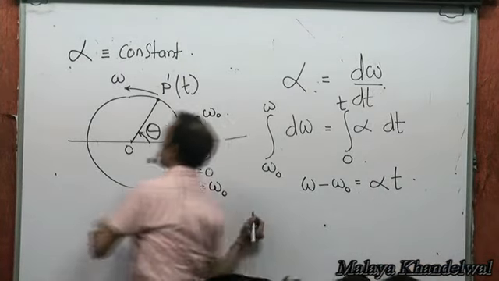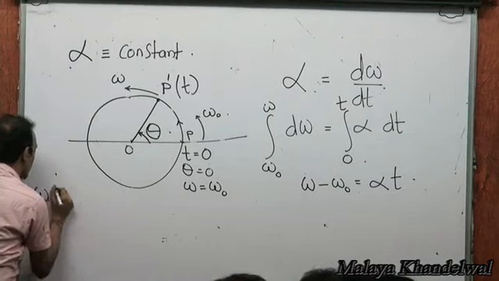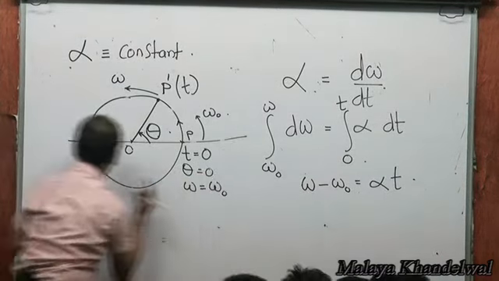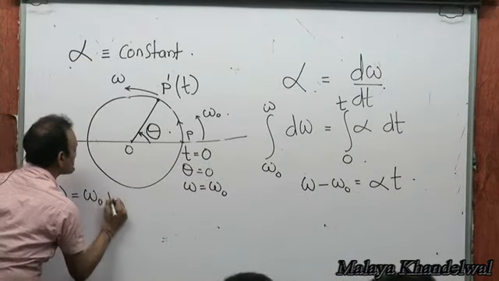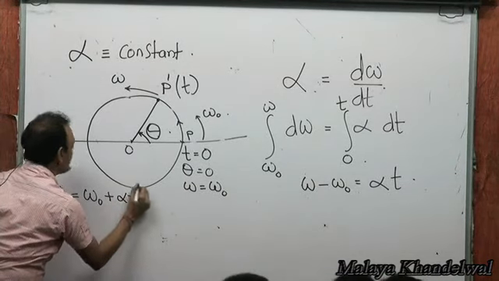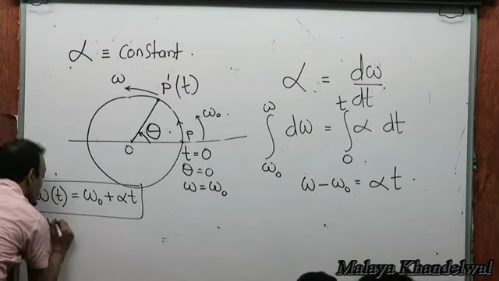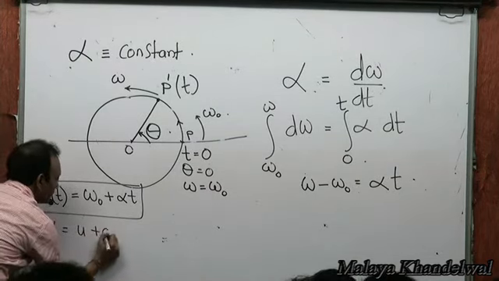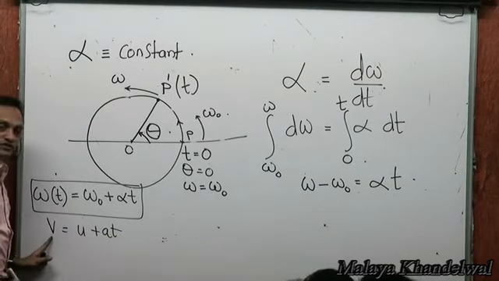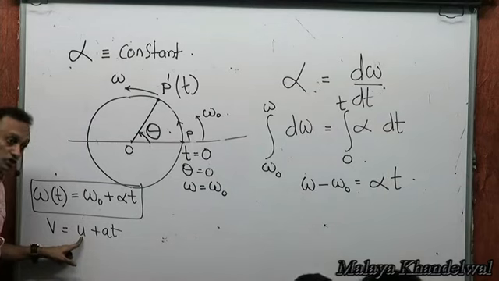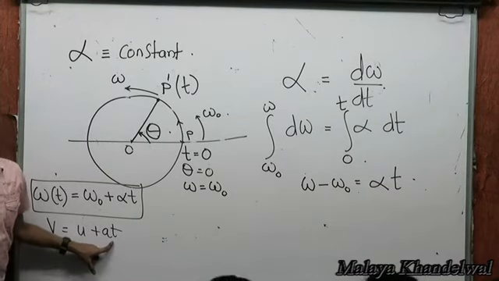So angular velocity at an instant of time t is going to be omega naught plus alpha t, where alpha is angular acceleration. Draw an analogy with v equal to u plus at, isn't it? v was the velocity at an instant of time t, u was the velocity at time t equal to 0, a was the constant acceleration.